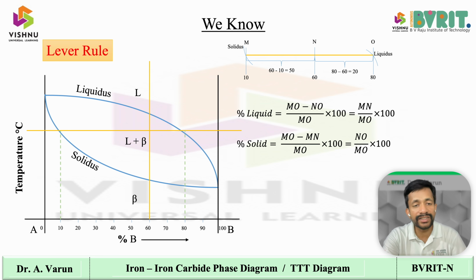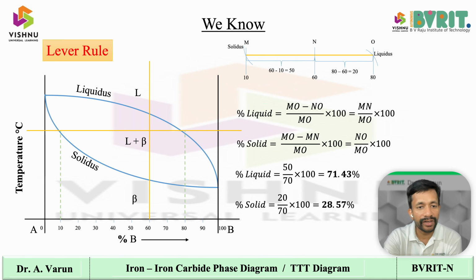So simply, the percentage of liquid is given as (MO minus NO) by MO into 100, and we get 50 by 70 into 100, which is 71.43, and solid is 20 by 70 into 100, 28.57. If you do 100 minus liquid also, you'll get the same thing. Anyway, why is this important?